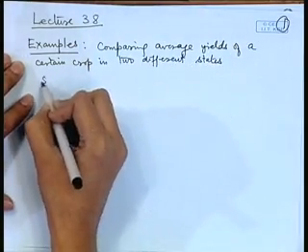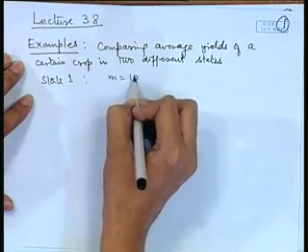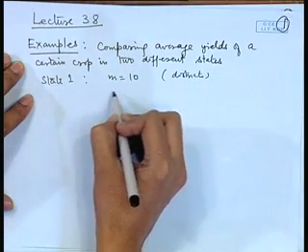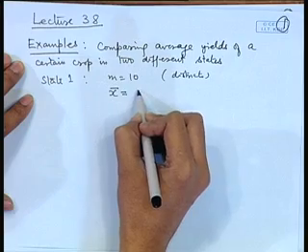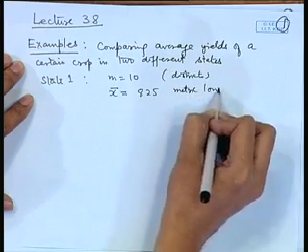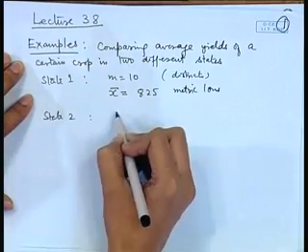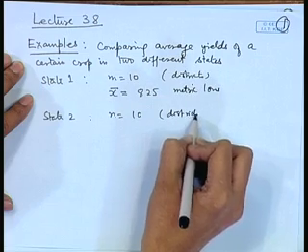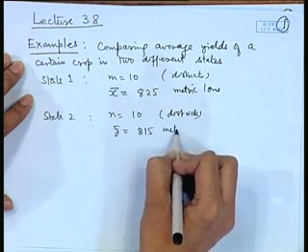In state 1 we considered 10 districts, and on the basis of the random sample we observed that the sample mean turns out to be 825 metric tons. Similarly, in state 2 we took another random sample of 10 districts and the average yield turns out to be 815 metric tons.